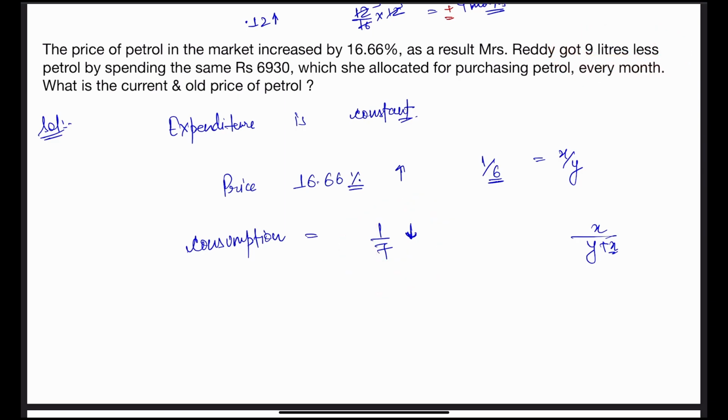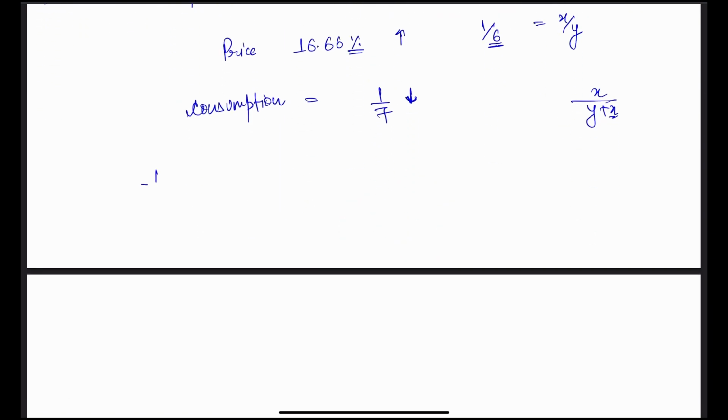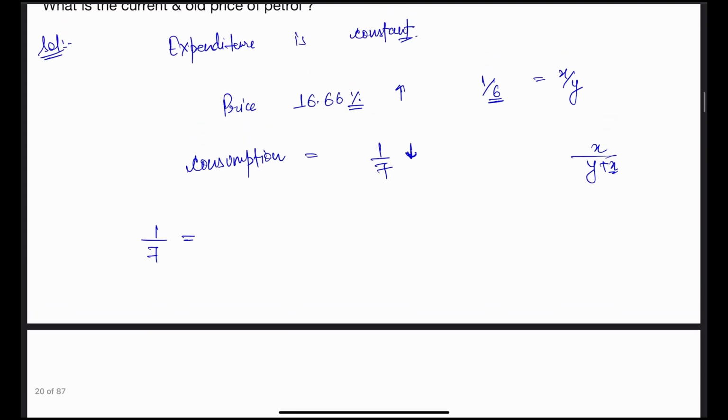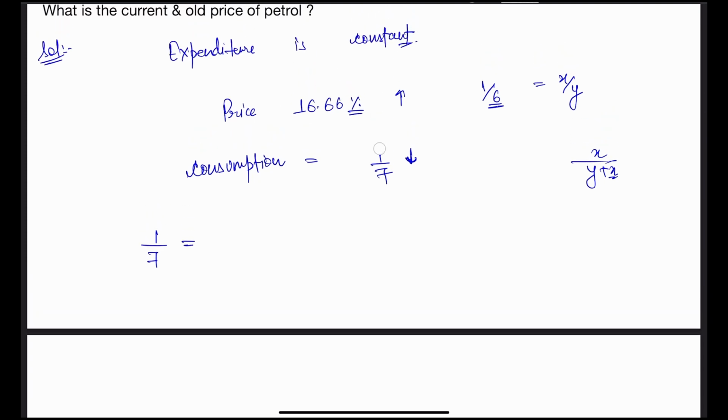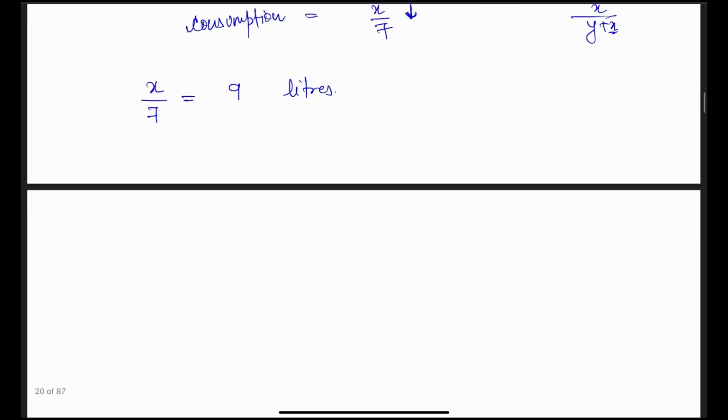So 1 by 7, let's take x by 7 because that would be easy to visualize. So x by 7 is nothing but 9 liters. So what should be the value of x? 63 liters.